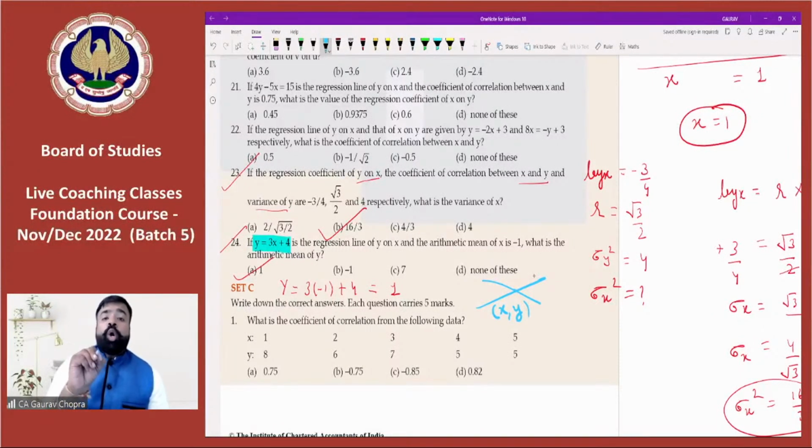So this x coordinate becomes x bar and the y coordinate becomes y bar. The intersection point will give us a coordinate, that is x and y. So that x coordinate is denoted as mean of x, and that y coordinate is denoted as mean of y. All right.